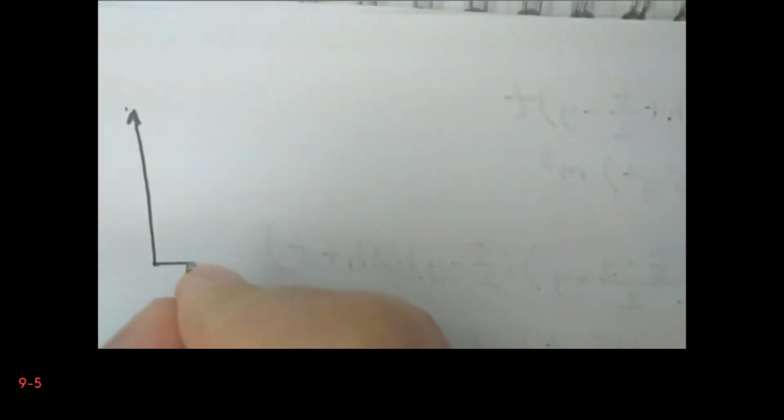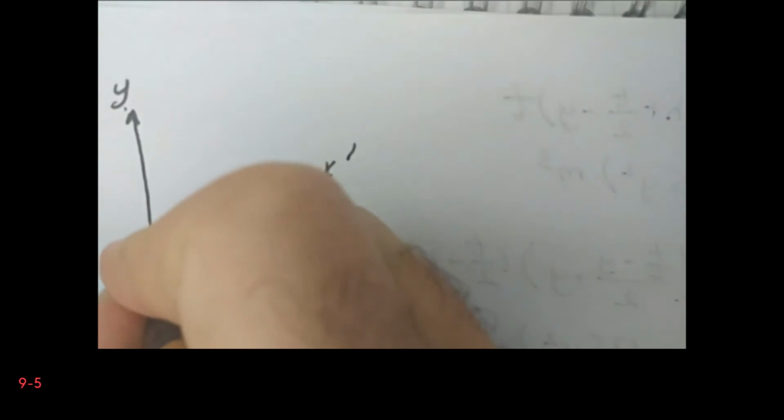Okay, so now let's define our coordinate system first of all. In fact, this is our coordinate system. We have x prime, and perpendicular to it we have y prime, we have theta. Theta is given to be 60 degrees, and the plane is inclined on the surface.